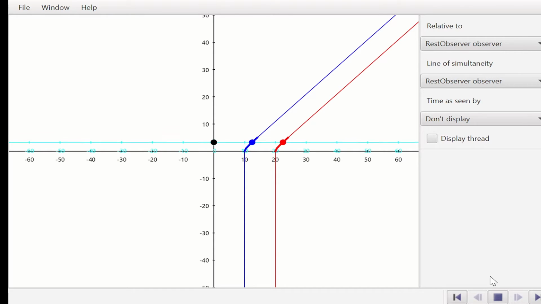The string appears to be the same length as measured by the rest observer, so that shouldn't be a problem. It shouldn't break, but the correct answer is it will break. And the explanation is that the space in between the 2 ships is increasing.